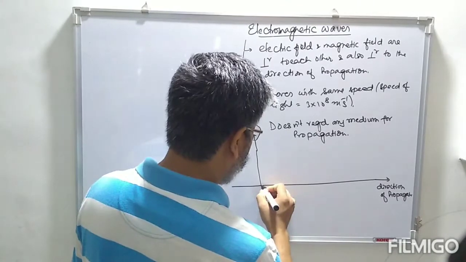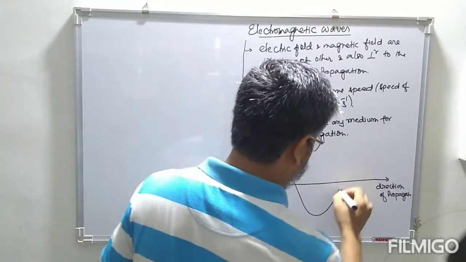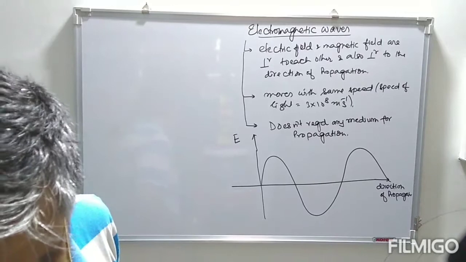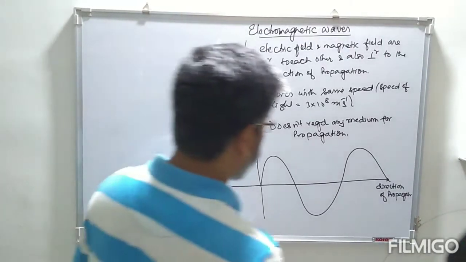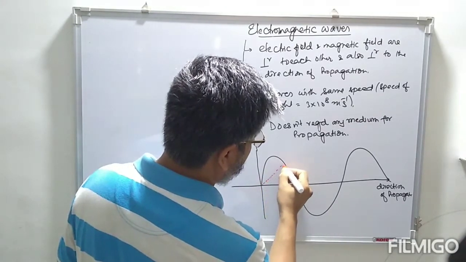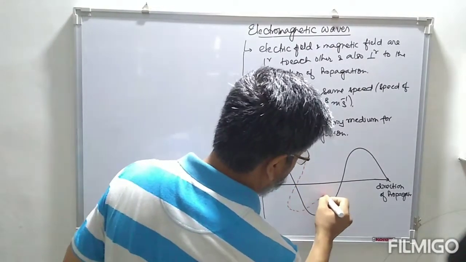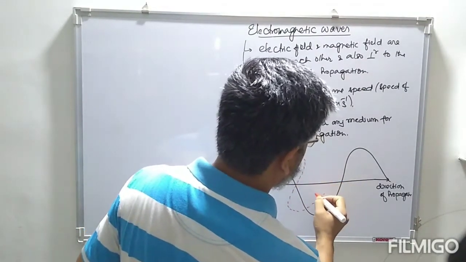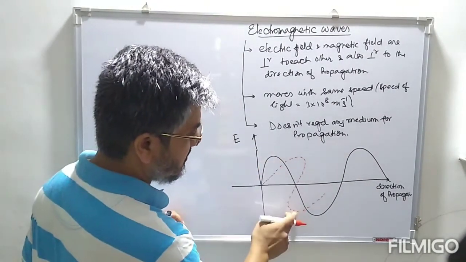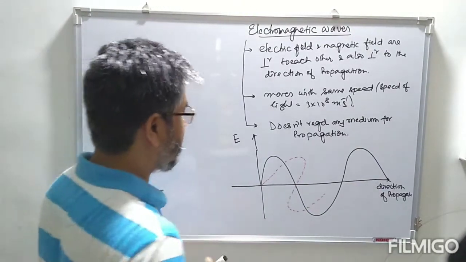This is the electric field component, this is the magnetic field component, so both are perpendicular to each other.